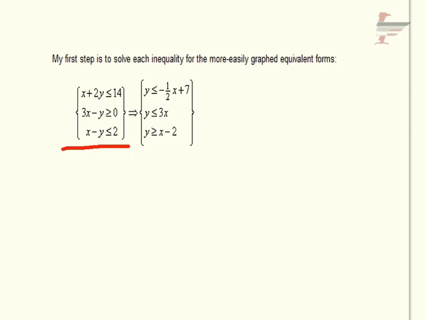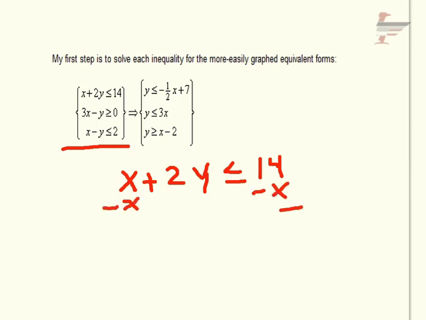So all we've done is some algebraic manipulations, like x plus 2y is less than or equal to 14. What we want to do then is solve this into our slope-intercept form. So we're going to subtract x from both sides.